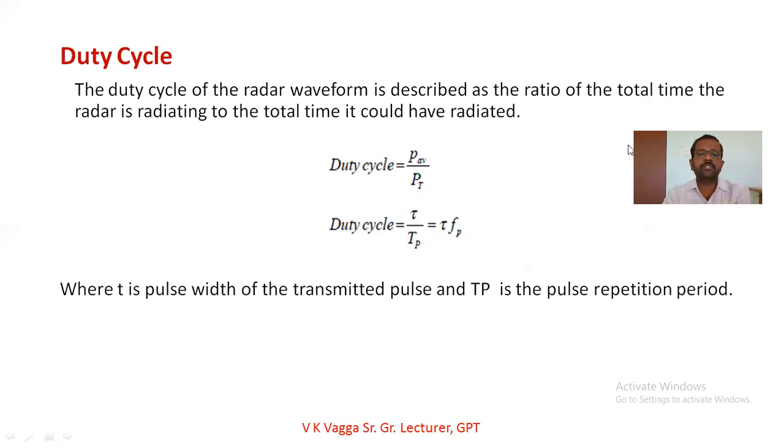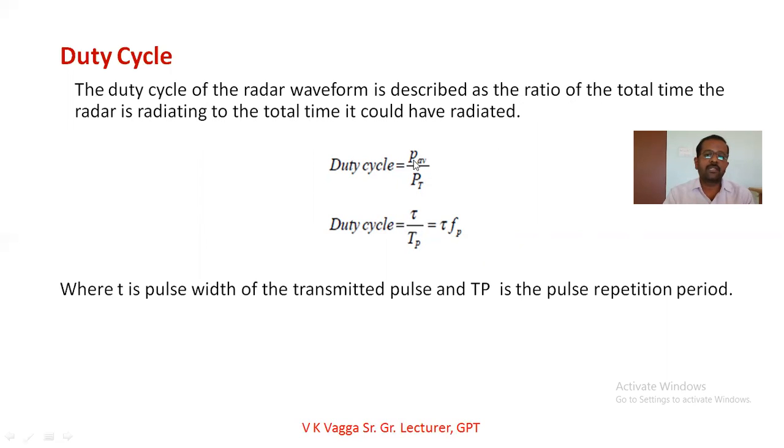If you want, you can read the sentence one more time. The duty cycle of the radar waveform is described as the ratio of the entire allotted time to the total time it could have radiated, that is, the allotted time and how much time it actually took to complete its operation.